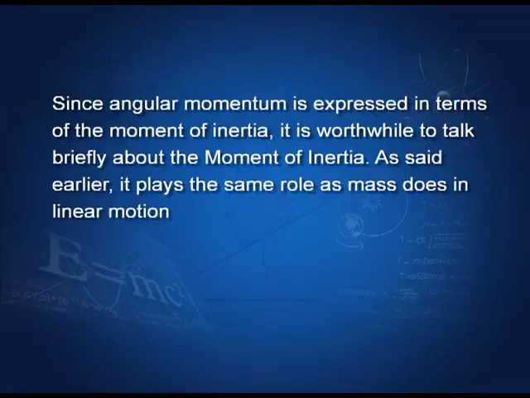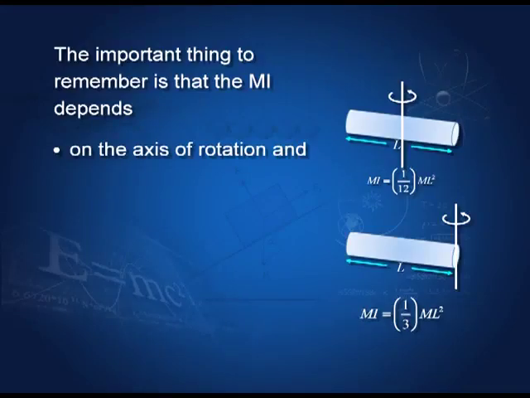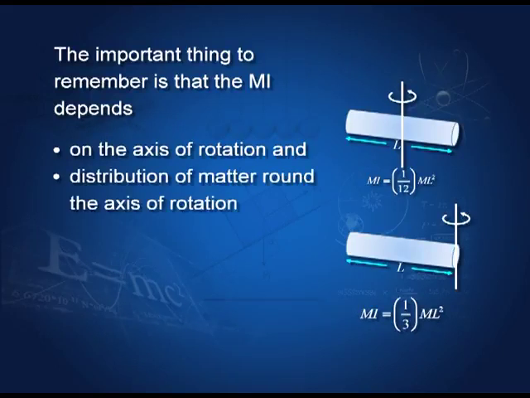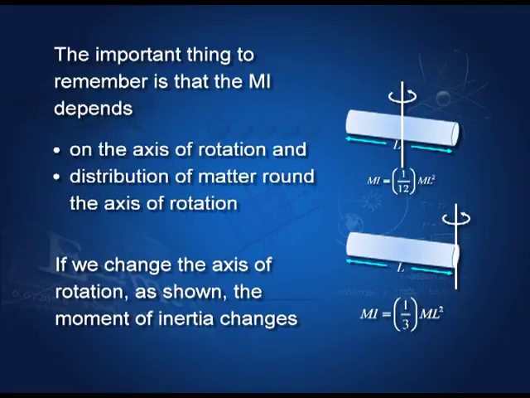Since angular momentum is expressed in terms of the moment of inertia, it is worthwhile to talk about moment of inertia very briefly. Moment of inertia, first of all, depends upon the axis of rotation. You change the axis of rotation, moment of inertia changes. It also depends upon the distribution of matter around the axis of rotation. If you change this distribution, then the moment of inertia also changes.